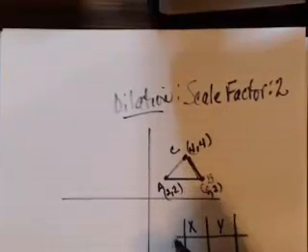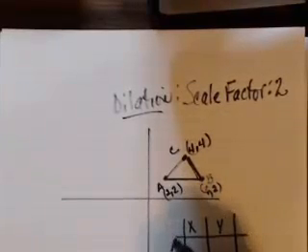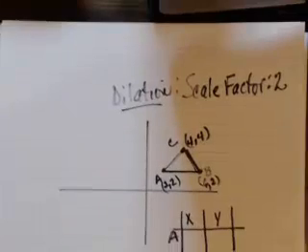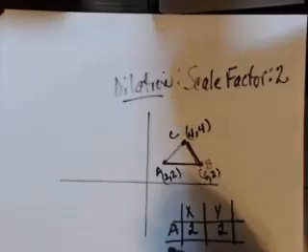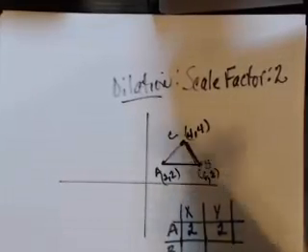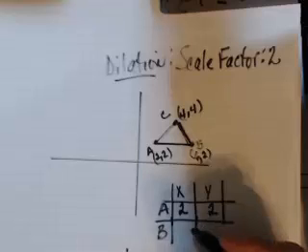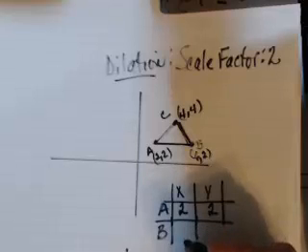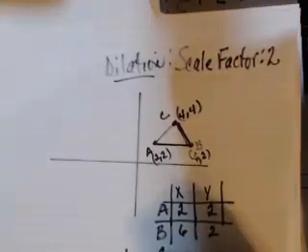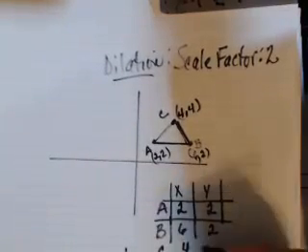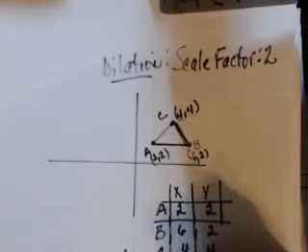So for A, my x value is 2 and my y value is 2. For B, my x value is 6 and my y value is 2. And for C, my x value is 4 and my y value is 4.